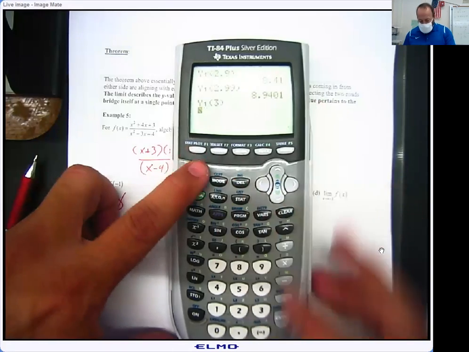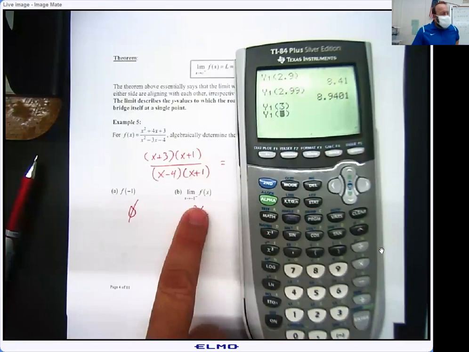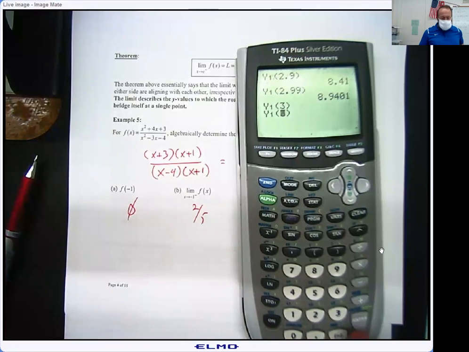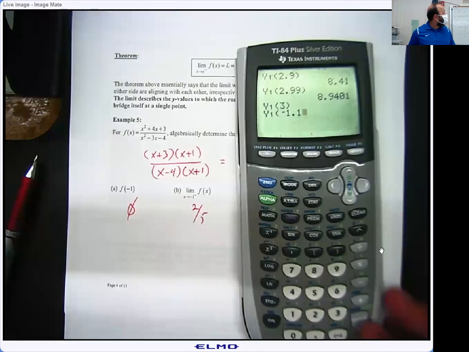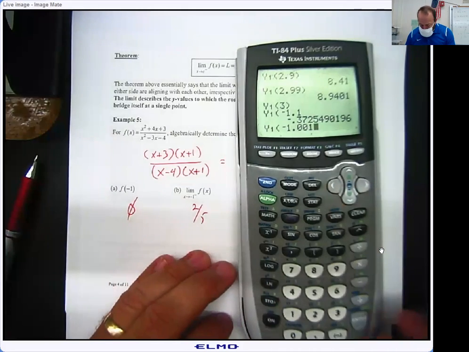Okay, so what's a number I could use for this that's -1 with a minus? Like negative, what's that? I want to get really close to -1 from the left side. I heard somebody say -1.1 or -1.01.